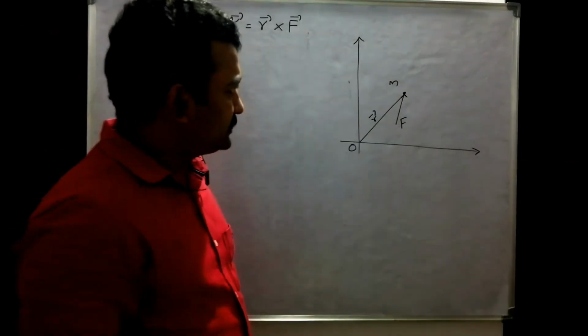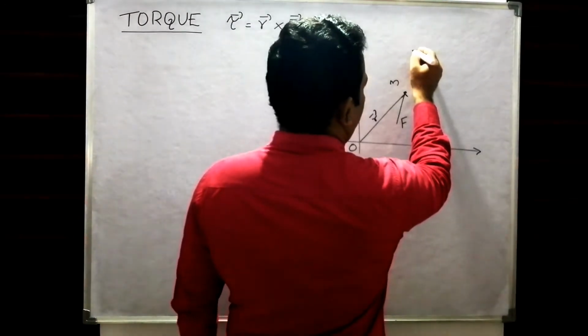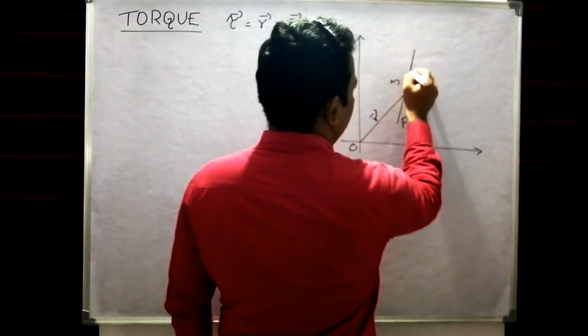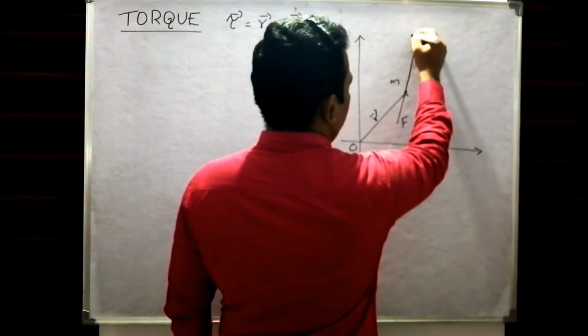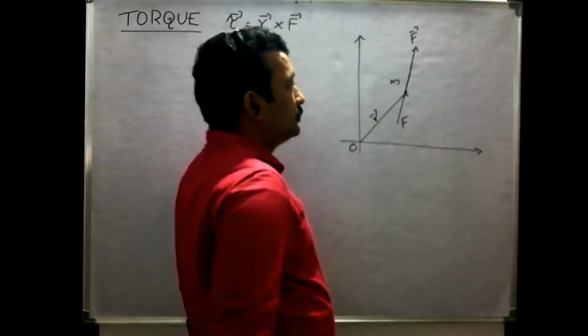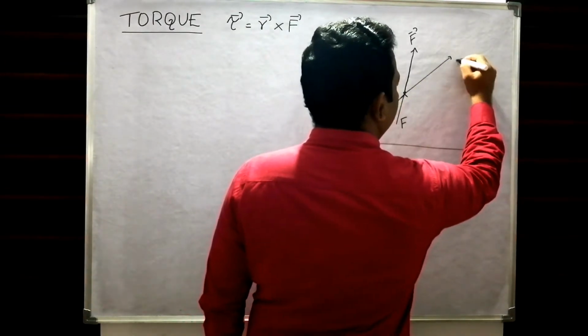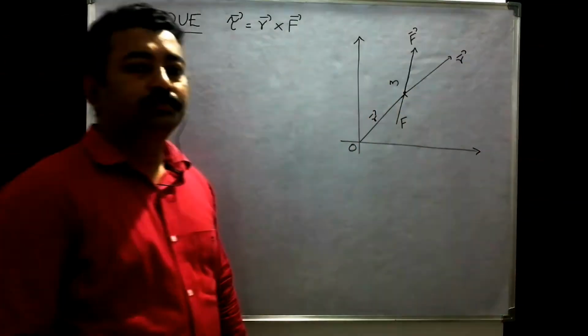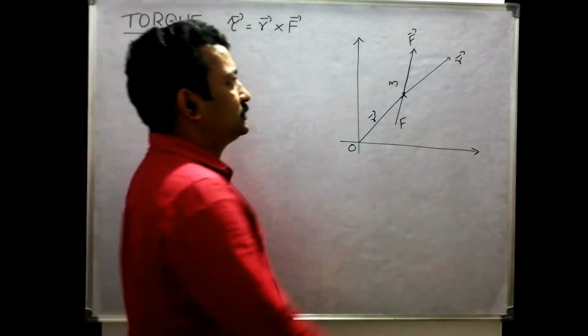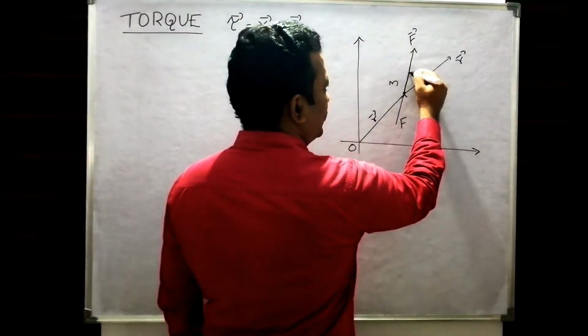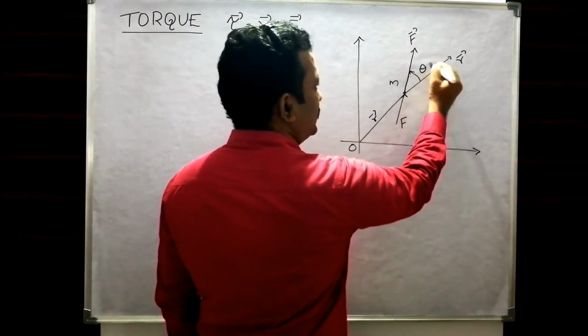We know that this is the direction of the force, and we can draw the direction of R as this. So R and F are making an angle, say theta, in between.